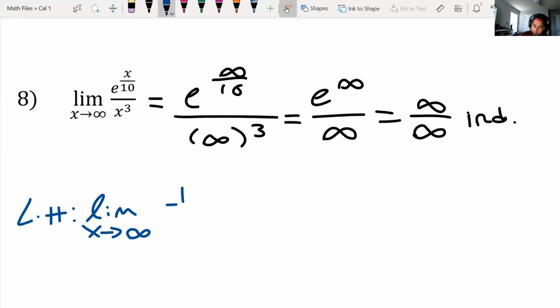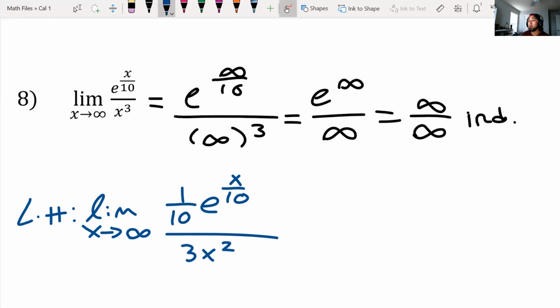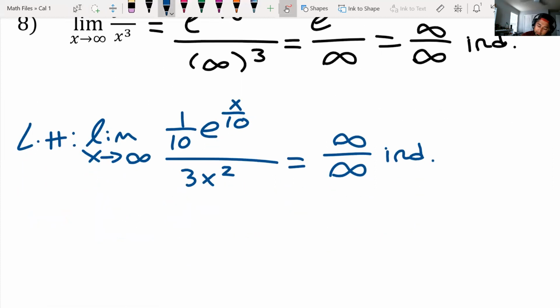So the numerator becomes 1/10 e to the x over 10 over 3x squared. Where if you plug in infinity, you're still going to get infinity over infinity. Which means L'Hopital's it again.